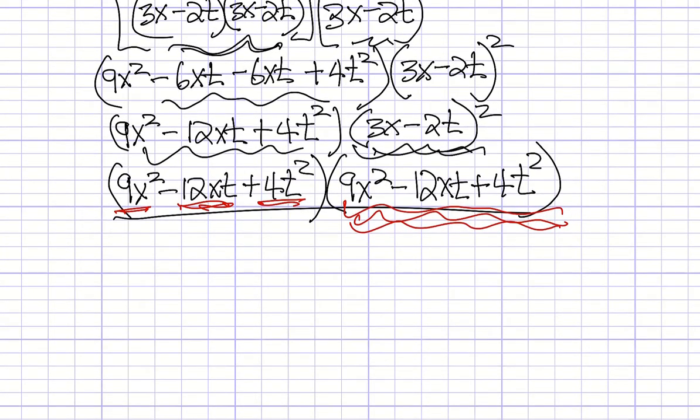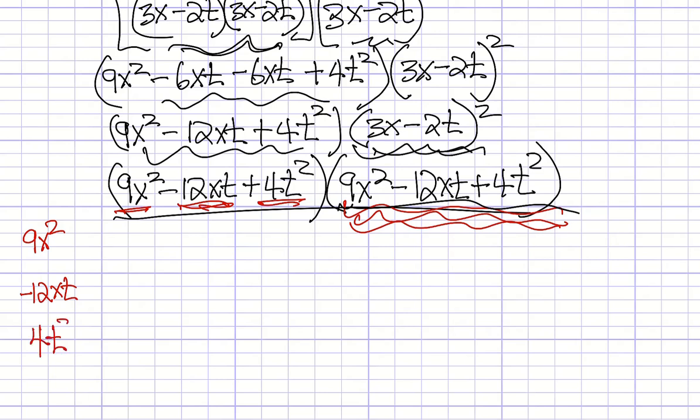We do 9x, multiply all that. Let's write 9x squared, and then we're gonna do negative 12xt, and then what is the other one?